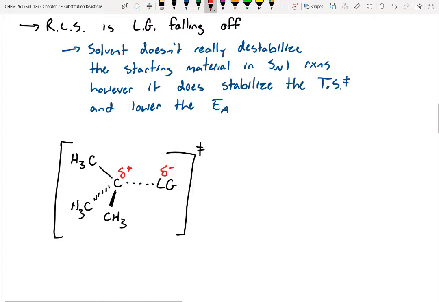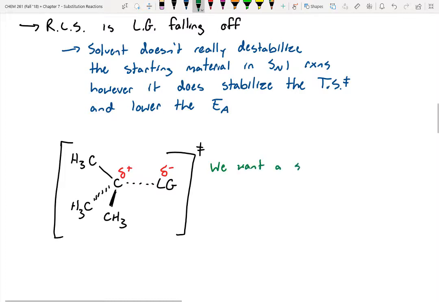So now the question is, what's going to stabilize this transition state more? A hydrogen bonding solvent or an aprotic solvent? Hydrogen bonding, why? H bond stronger, and H bond is essentially going to stabilize this transition state, which in this case is what really matters. So let's make a note of this.